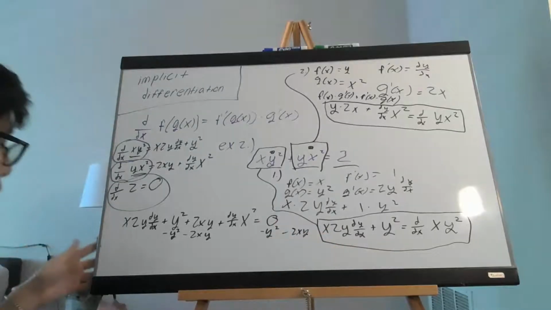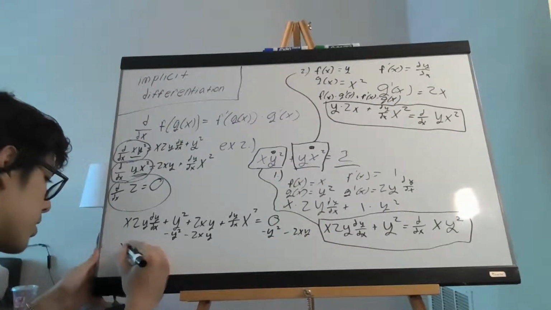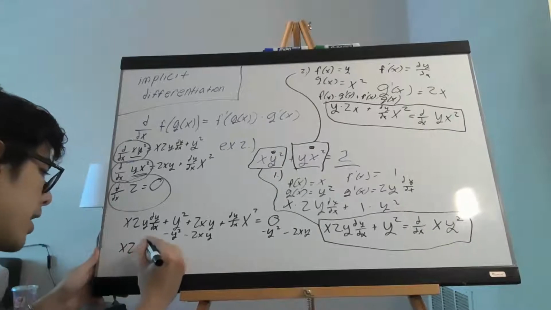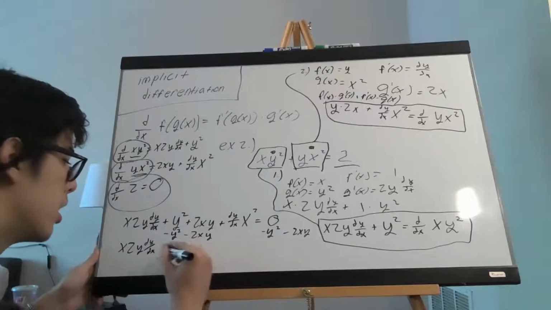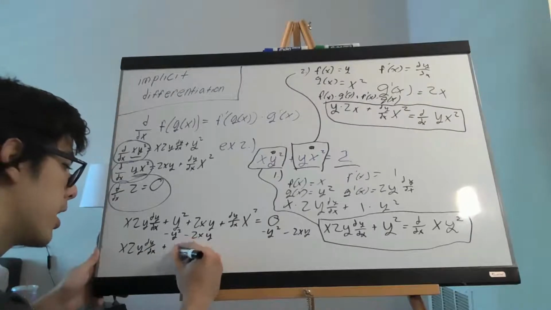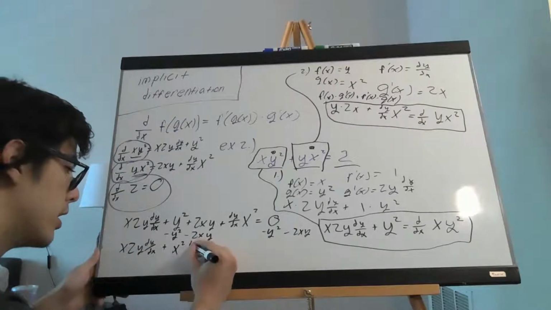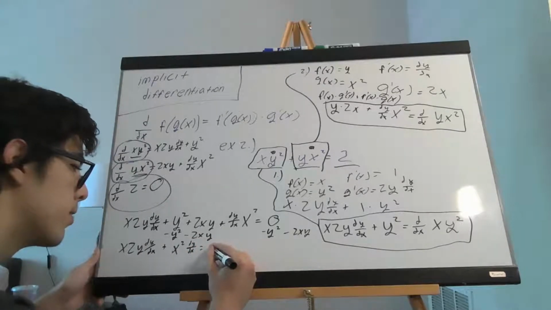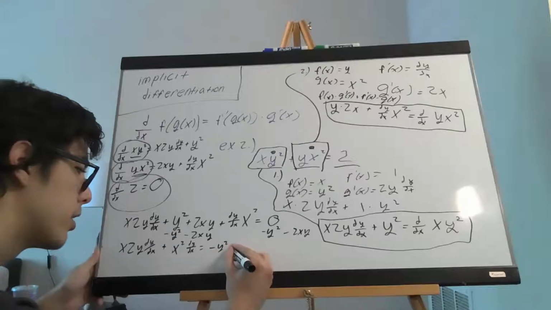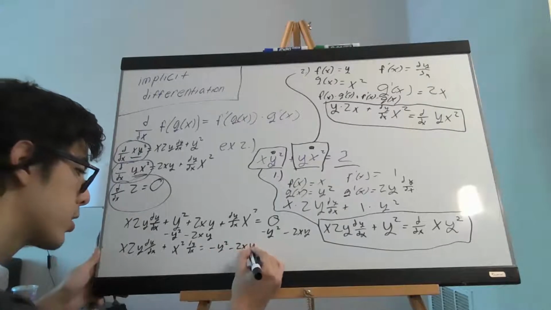And that's going to leave us with x times 2y dy/dx plus x squared dy/dx is equal to negative y squared minus 2xy.